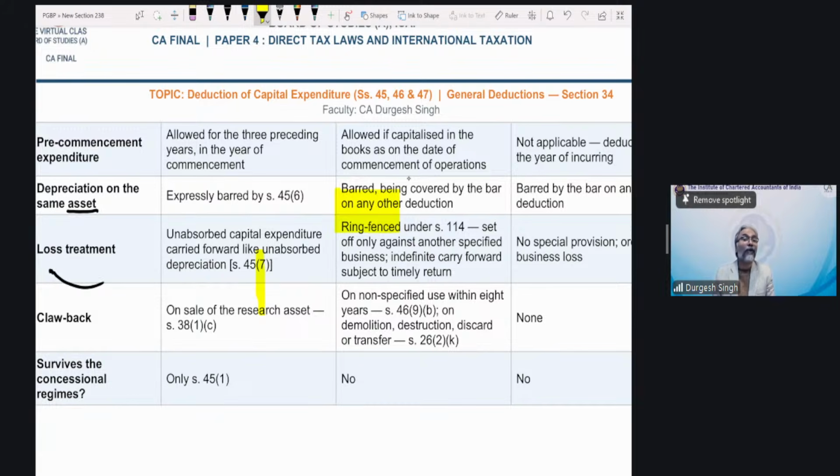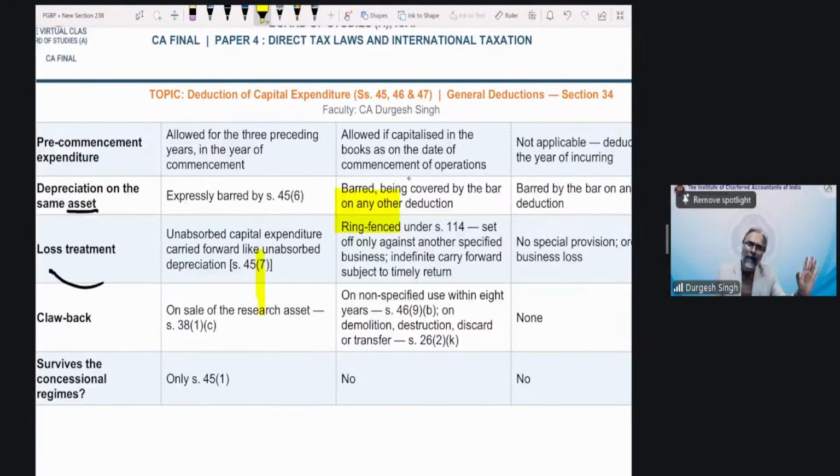Here, students, there is a lock-in period of 8 years. If within 8 years the asset on which you have claimed deduction ceases to be used for the specified business, then whatever deduction you may have claimed will become deemed income.